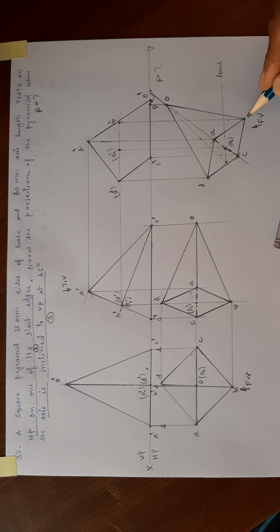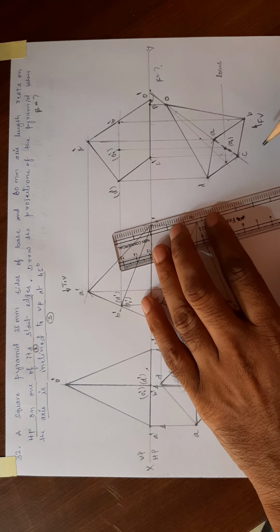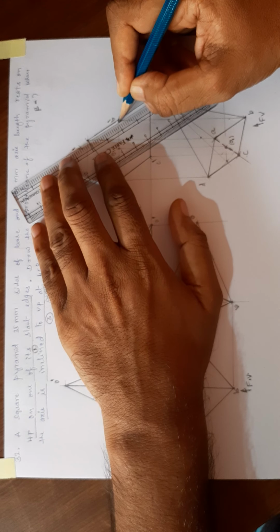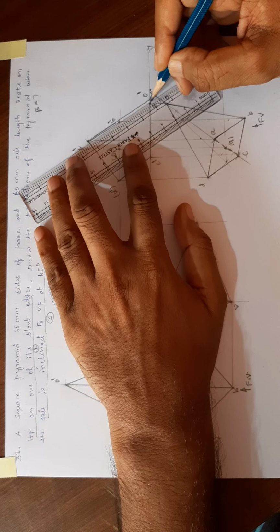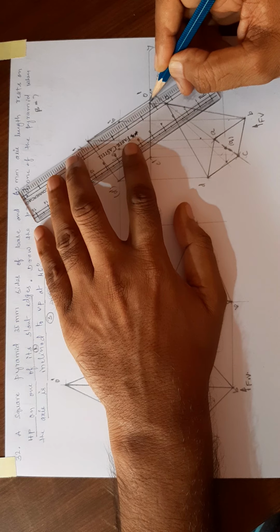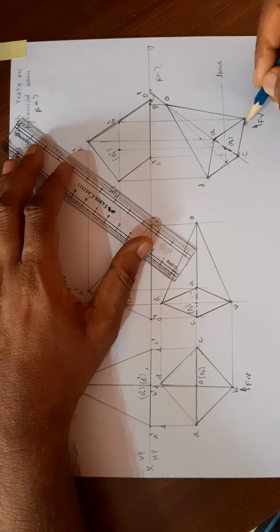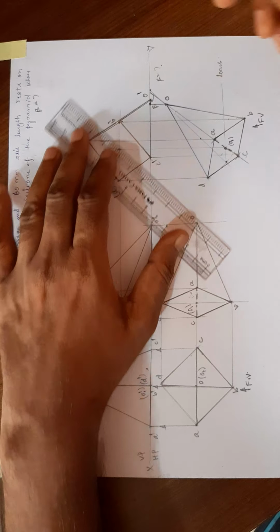Now from B to all the points we will get. B to D, and O to, then C to B to C dash, like this.